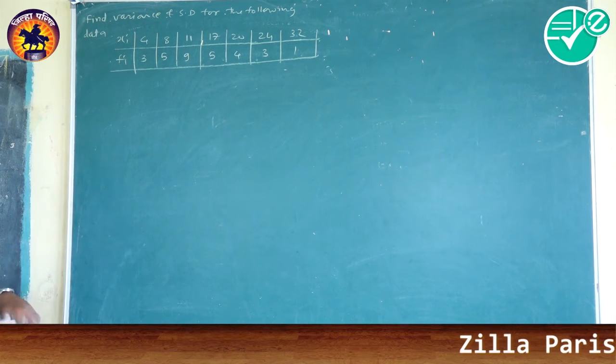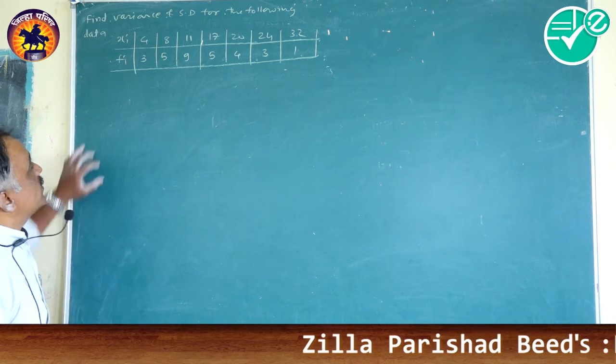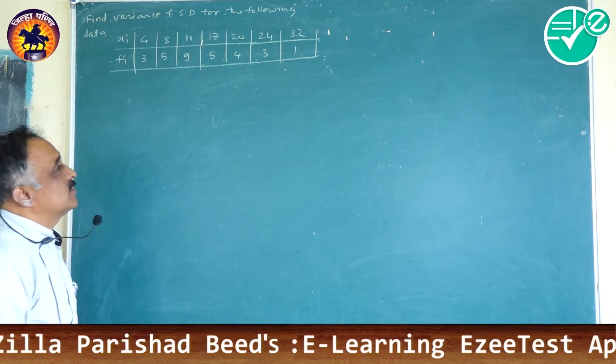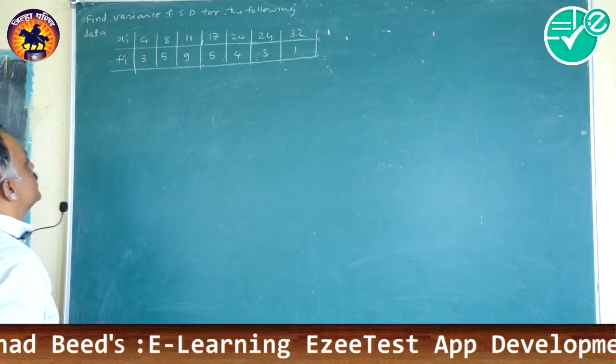Well, we have been given the discrete frequency distribution, and for this discrete frequency distribution we need to get the variance and standard deviation. Let's try the problem by using the table.